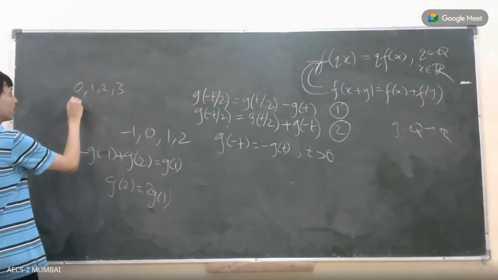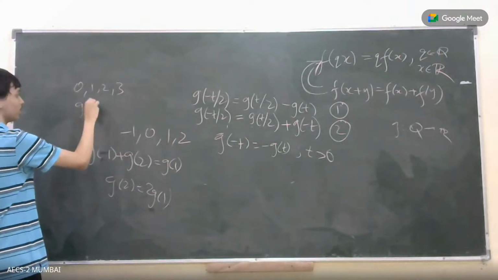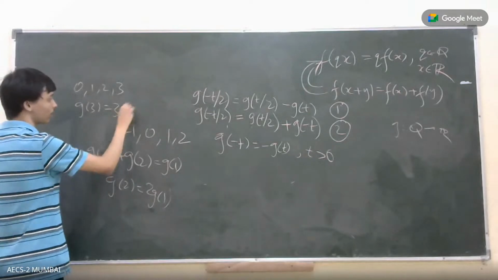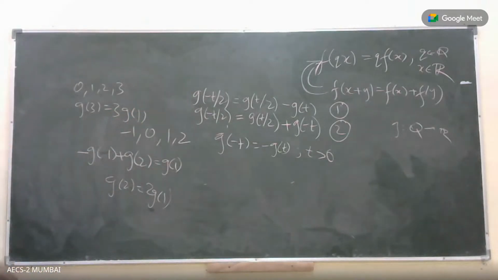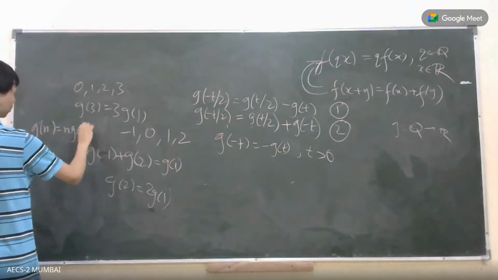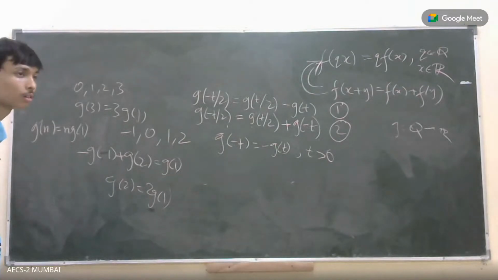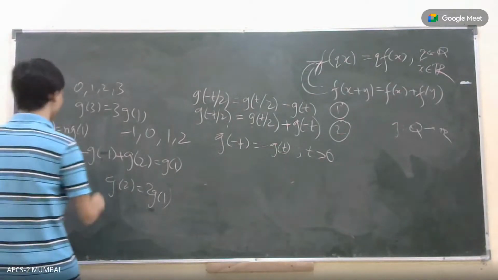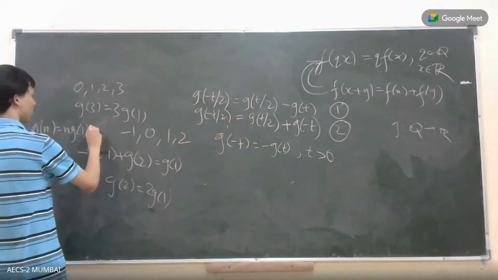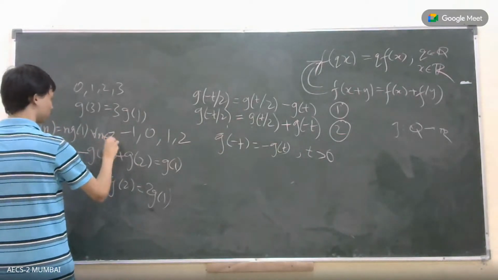What do you get? g of 0 plus g of 3 equal to g of 1 plus g of 2. g of 2 is 2 g of 1, so this is 3 g1, and g of 4 is 4 g1. It is satisfied. So now can we say that g of n equals n g of 1 for all integers n?